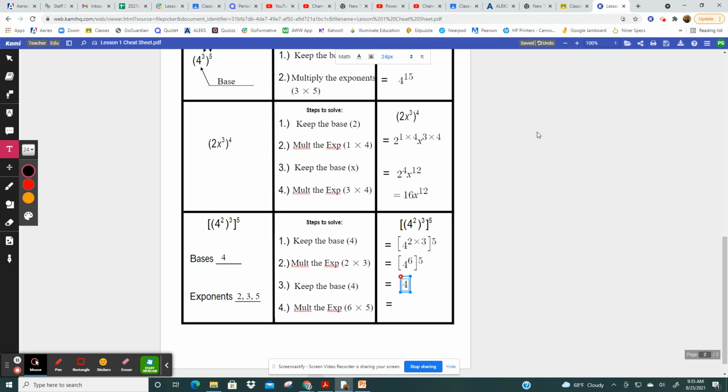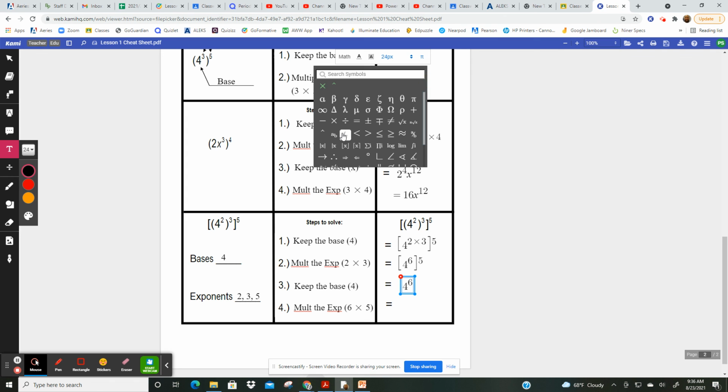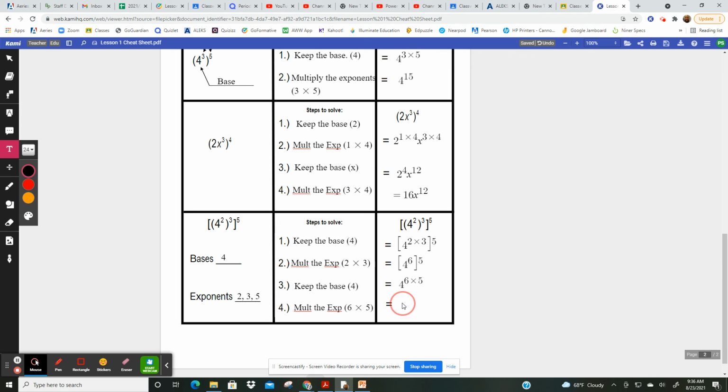So 4, and then raise to the 6 times 5, which gives me 4.